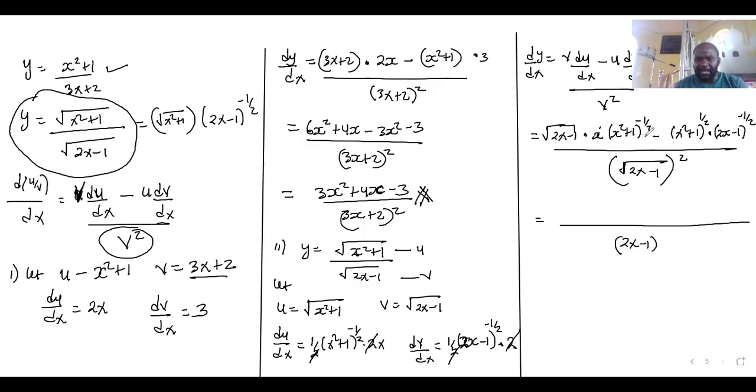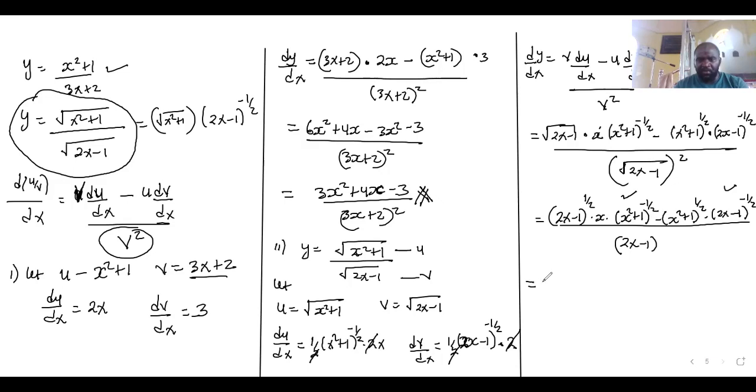Then the numerator, look at it carefully. You have (2x minus 1) to the power a half times x times (x squared plus 1) to the power negative a half, minus (x squared plus 1) to the power a half times (2x minus 1) to the power negative a half. Factorization of smaller terms: these ones have to go out.